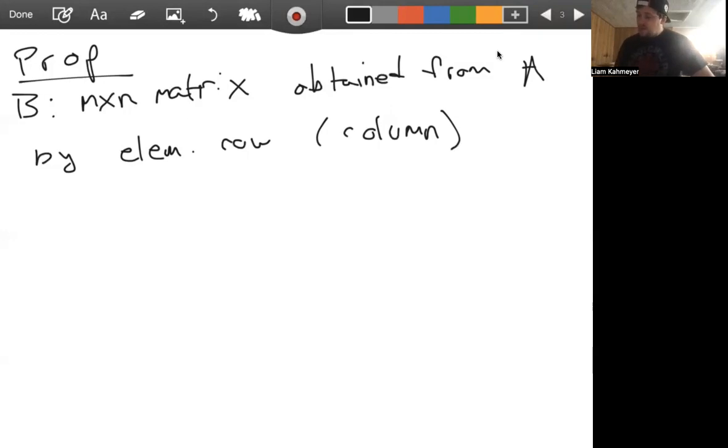And so let's say that B is obtained from A either by only row operations or by only column operations, not a combination of the two.